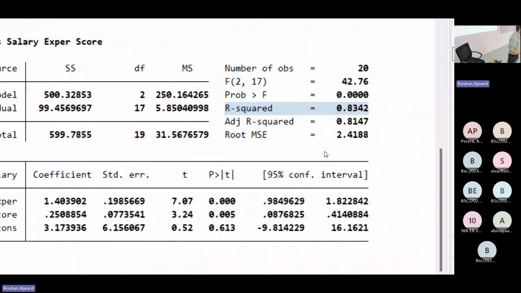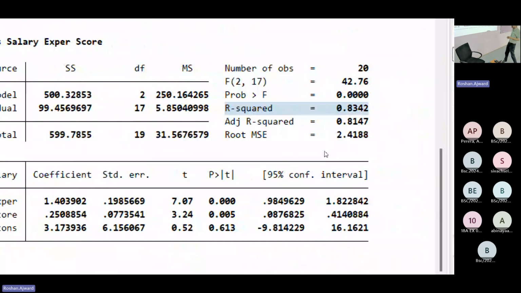The correct way to write it is R to the power 2, where 2 is a superscript.